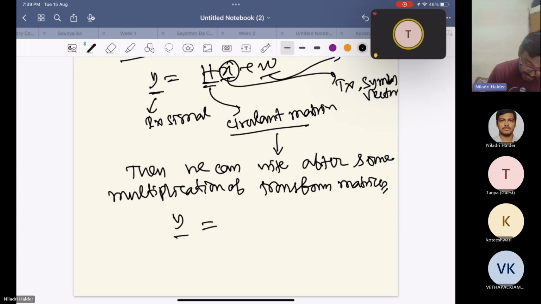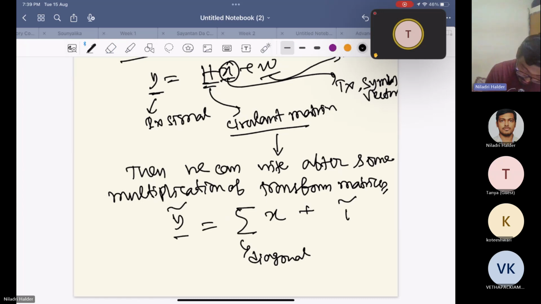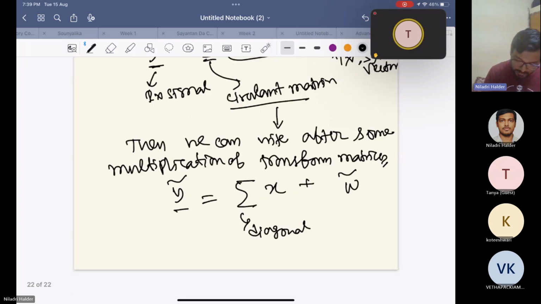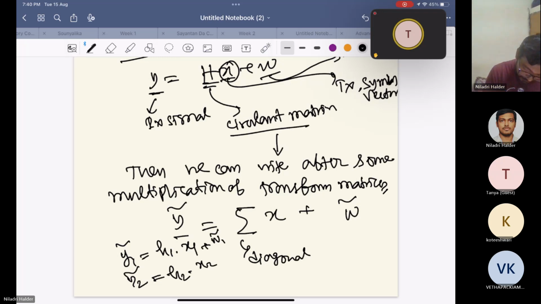So suppose this is y tilde, and this is some diagonal matrix times x plus some noise. This diagonal means y1 tilde can be written as h1 into x1 plus noise, and y2 tilde can be written as h2 into x2 plus noise.